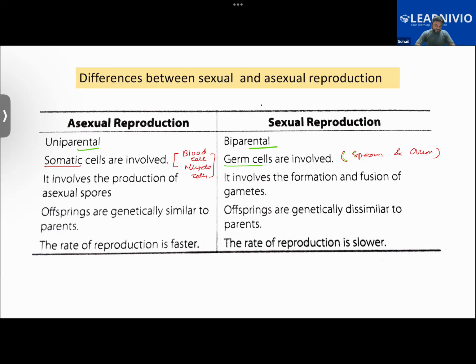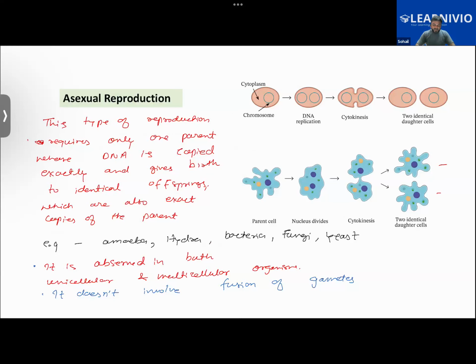While in the case of an amoeba, for example, it does not produce any sex cells, nor sperm and ovum, anything like that. Yes, sir. It does not produce any such thing.